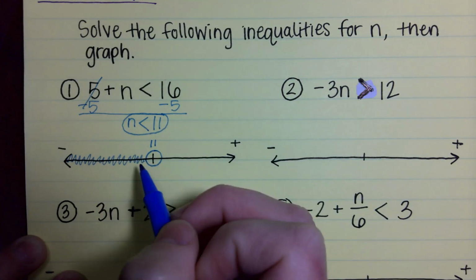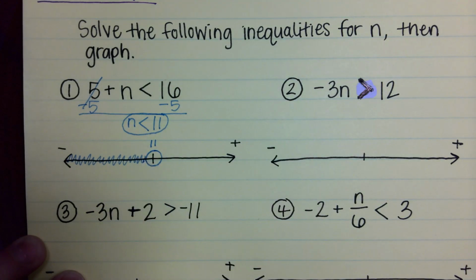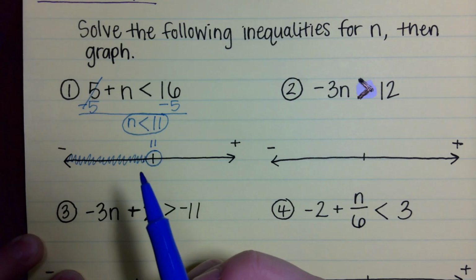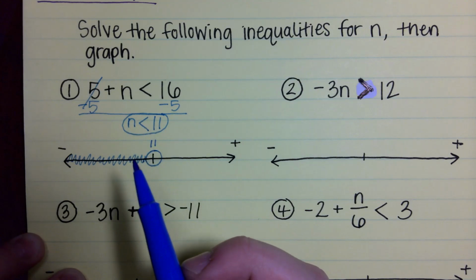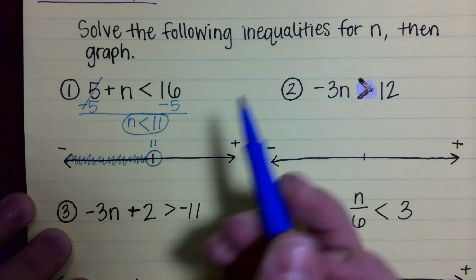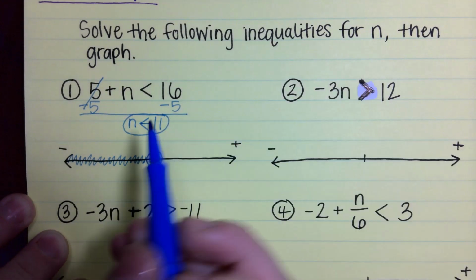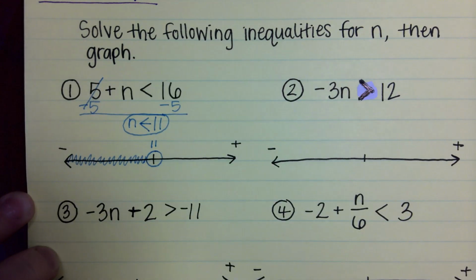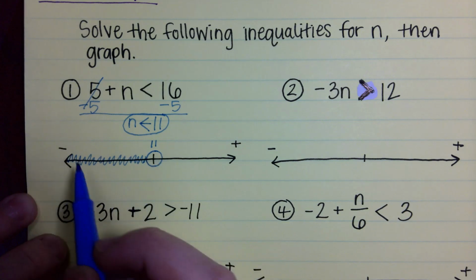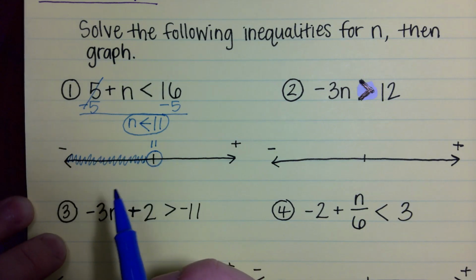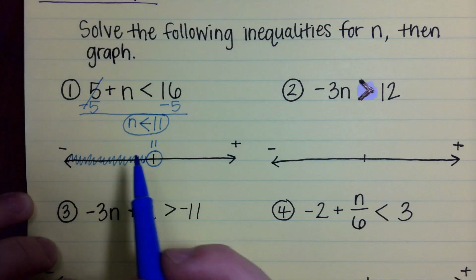Whenever we see this sign, another way to remember which direction we shade is by looking at what direction it's pointing. This is like an arrow. That's the way we shade, because this shaded area is representing any number that n could be. n could be anything that's shaded.